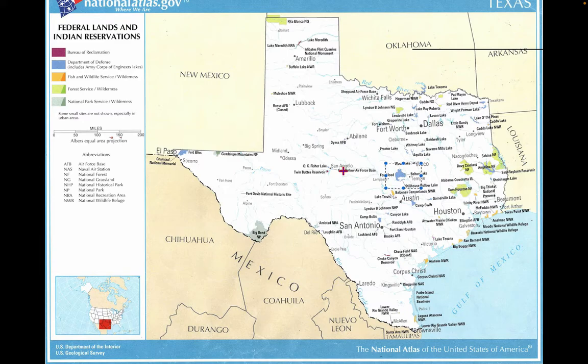For example, the Federal Reserve in Texas, they're located on lands not properly purchased according to Article 1, Section 8, Clause 17 of the Constitution. They're not properly purchased according to the Constitution. And so there is no power for Congress to regulate them except by their charters.